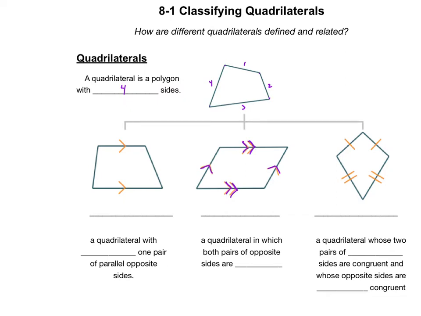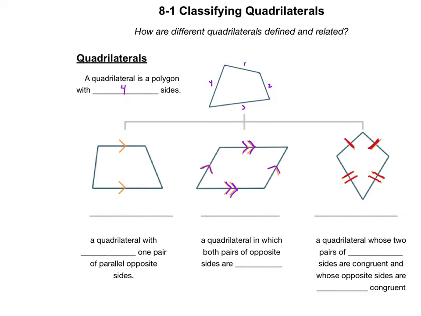And when we have two little marks, that is showing that those two are parallel. The third quadrilateral we're looking at quickly is a kite. It has two pairs of congruent sides, but the sides are not parallel. As you can see here, this side is congruent to this side, and the other two sides are congruent to each other.